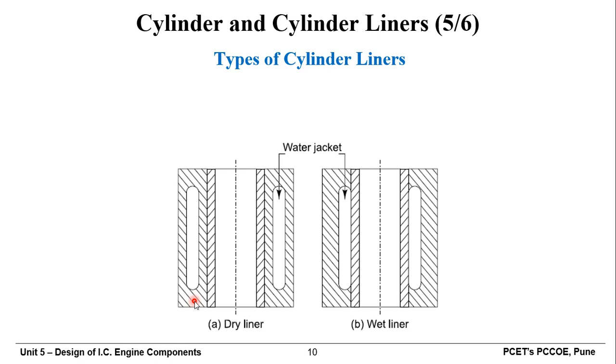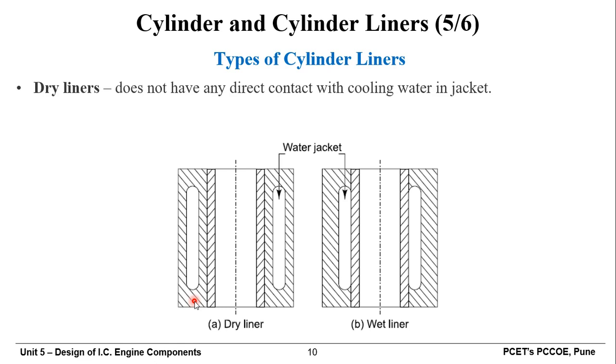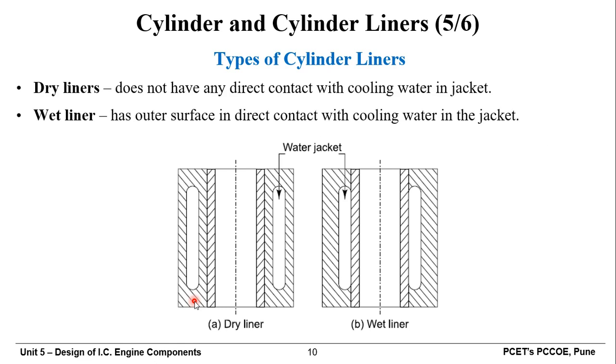There are basically two types of cylinder liners. The first one is the dry liner, which you can see in figure A, and the second type is the wet liner, which you can see in figure B. If you look at figures A and B, you can easily differentiate how dry liners and wet liners are designed, and what the basic difference between them is.